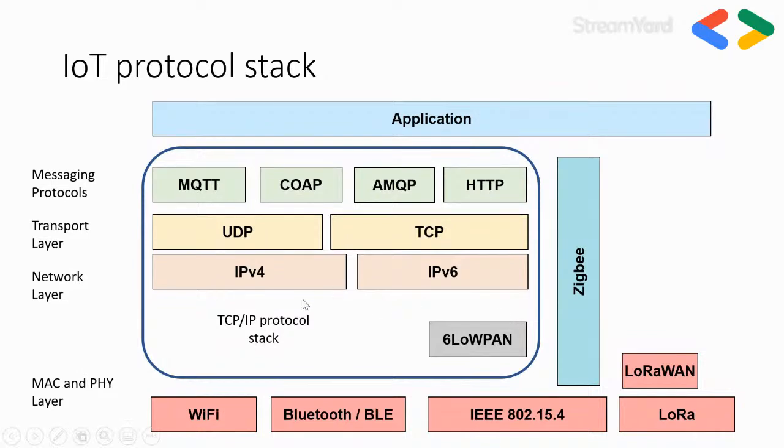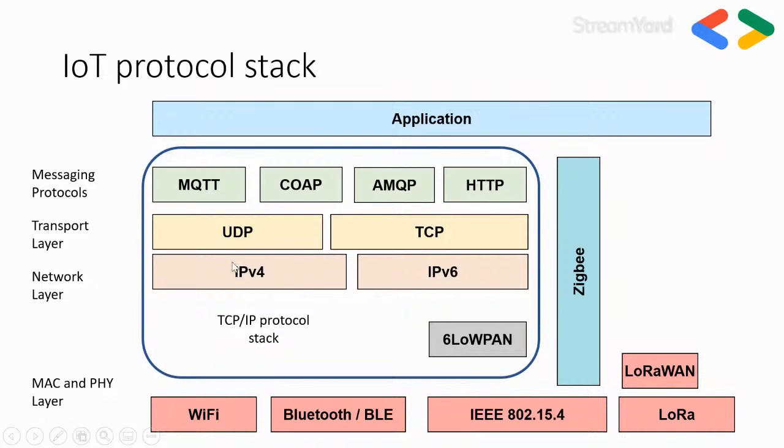Okay, so for the TCP/IP protocol stack, they are trying to develop, or it's already developed, 6LoWPAN. 6LoWPAN is an IP version 6 based protocol stack for the IoT. That's how important the IoT is becoming, that they're developing a whole protocol stack to support it.